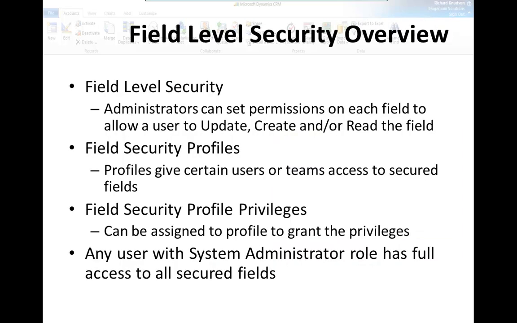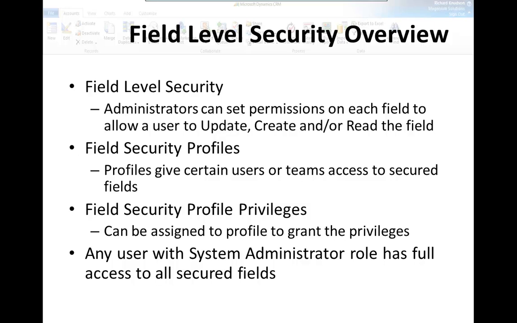So how does field security work? Well, basically, if you're an administrator, you can set permissions on a field. You've got update, create, and read permissions on a field. And what you'll see is once you create field permissions, you then need field security profiles in order to grant privileges on a secured field to somebody.